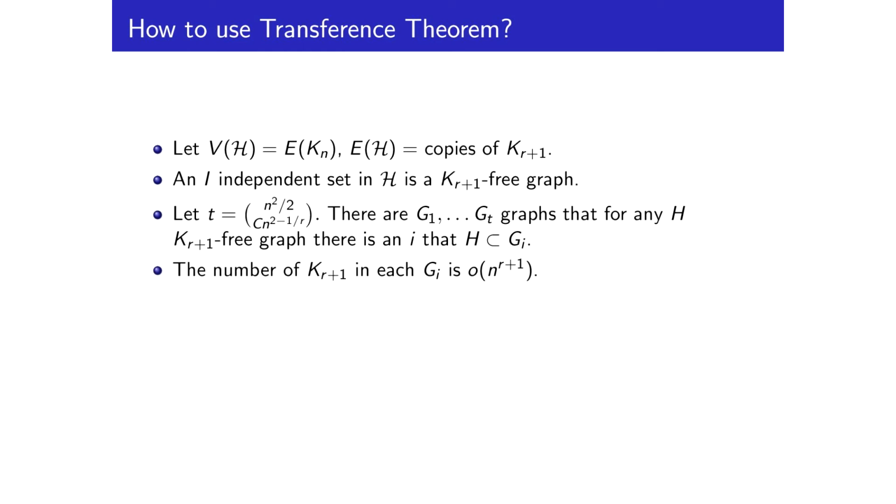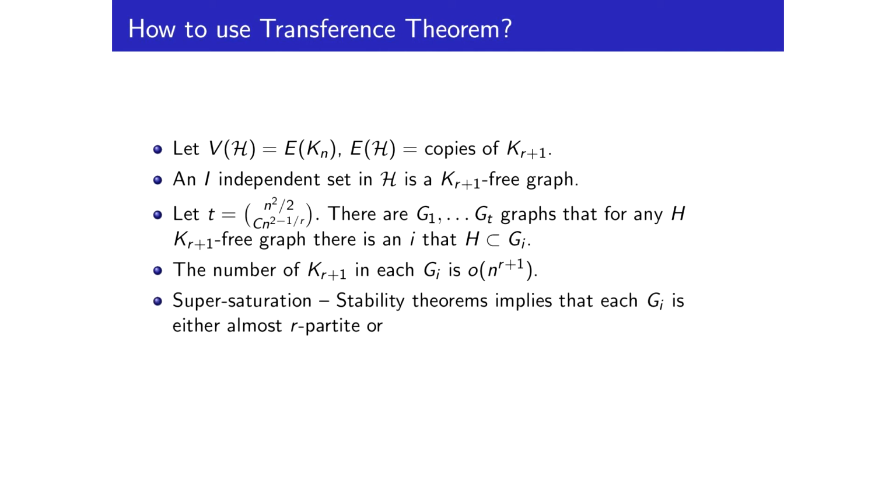So we get some small t from our theorem and a collection of t graphs such that any K_{r+1}-free graph can find a G_i that it is a subset of. I would say here that you can find one graph which has this property, the complete graph. But we have additional criteria that each of the G_i has just o(n^{r+1}) copies of K_{r+1}.